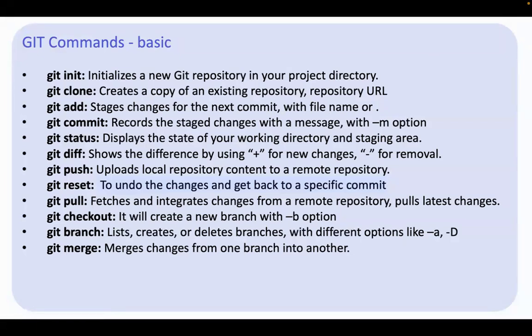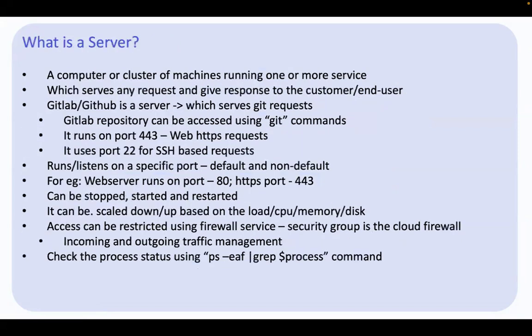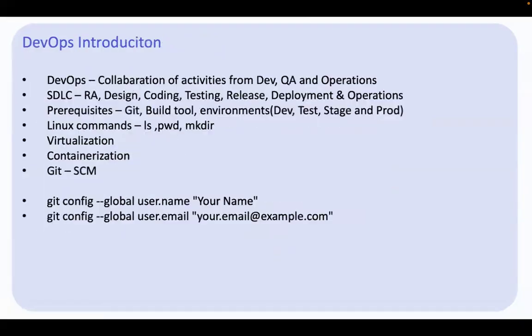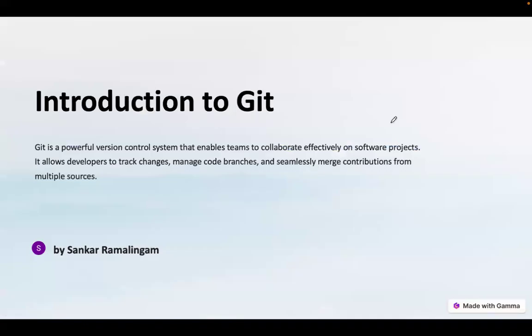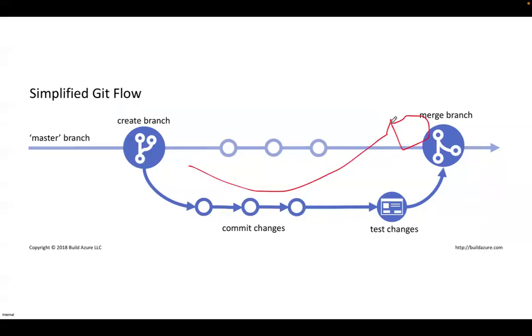In the previous session, we saw the Git basic introduction, like how Git works, basically the Git workflow, starting from the master branch, how you create a branch, and how the code is merged back into your main branch. And what are the different activities that people do.